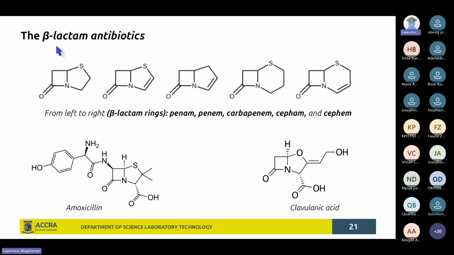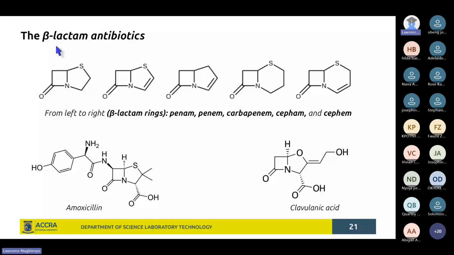Even if you just go to the website of any of these pharmaceutical companies which you have in Ghana, you see they talk a lot about the drugs that they produce. I think some of them are beta-lactam antibiotics. And what is a beta-lactam?